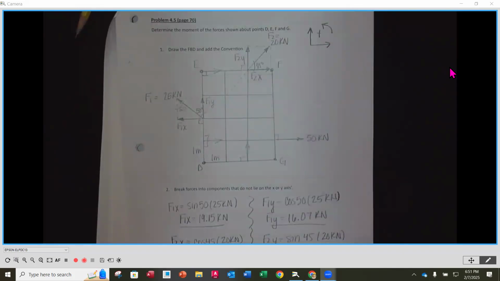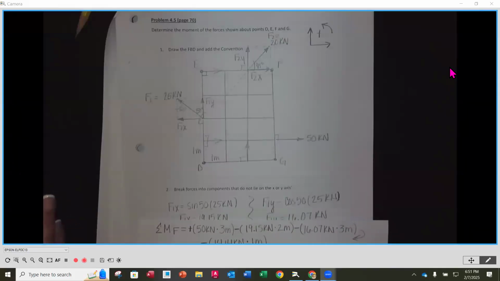And then F1X is 2. Remember there's an F1Y and an F1X, so you have to do both of them separately. I'll go over this in just a second. But thank you, Tim, for adding. I'm just double checking mine right now.